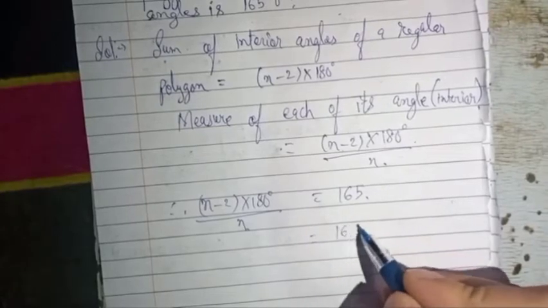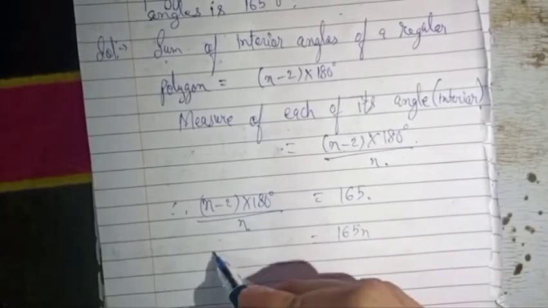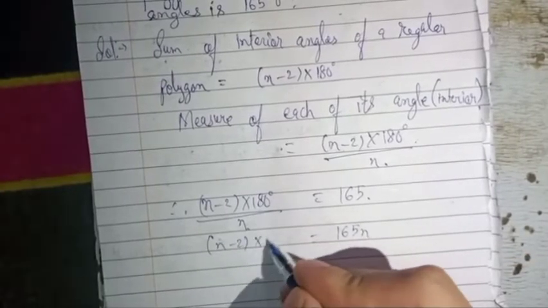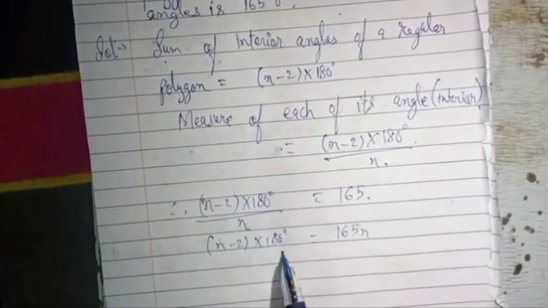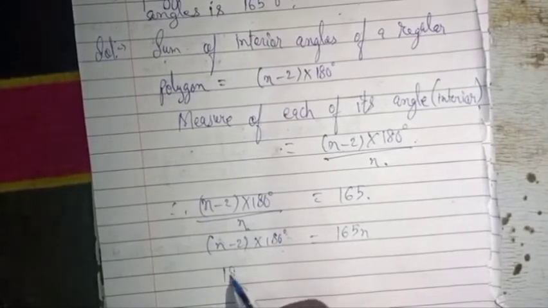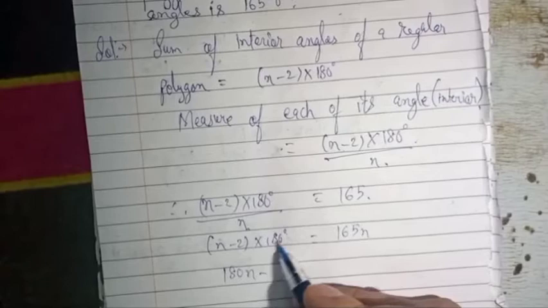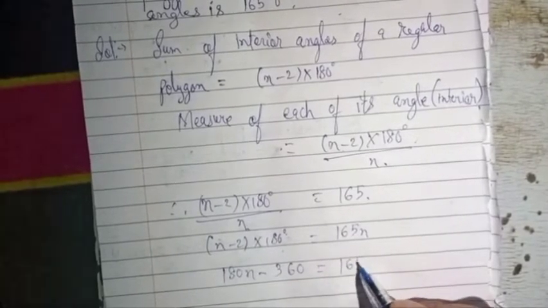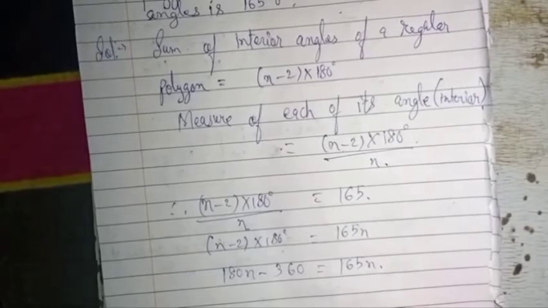So 165 n, and (n minus 2) into 180 will be there on the left hand side. Now 180 will be multiplied inside the bracket. So it will become 180 n minus 180 into 2 is 360, and it is equal to 165 n.